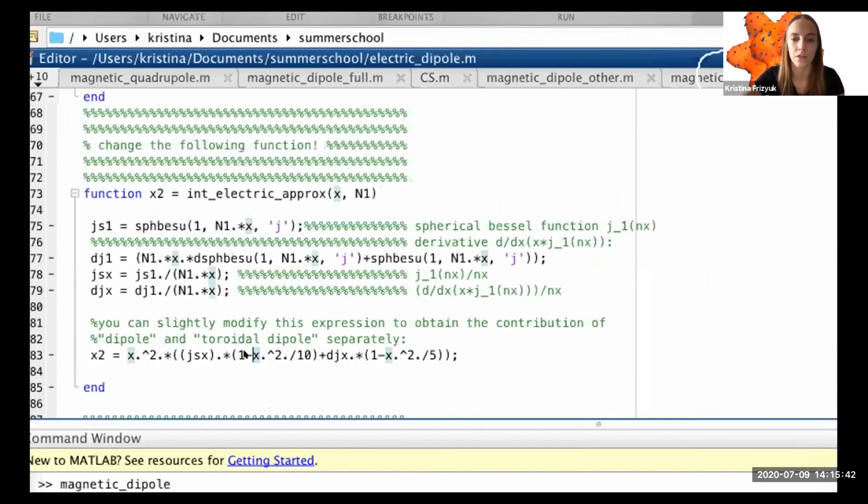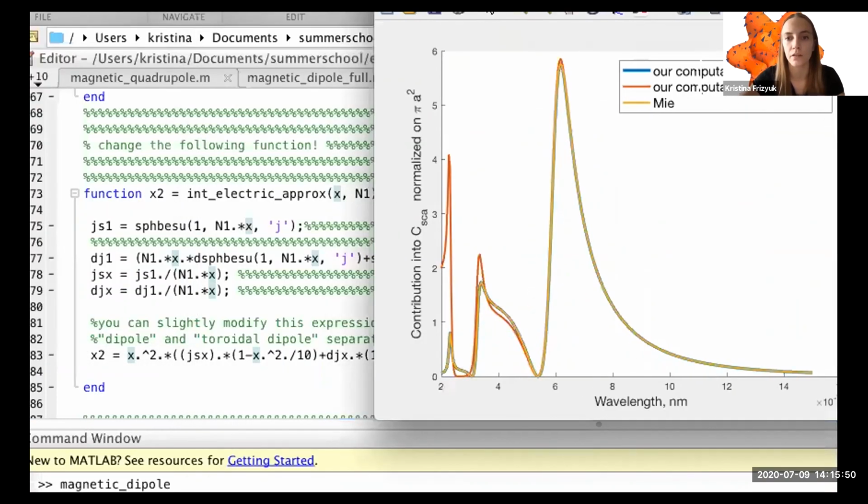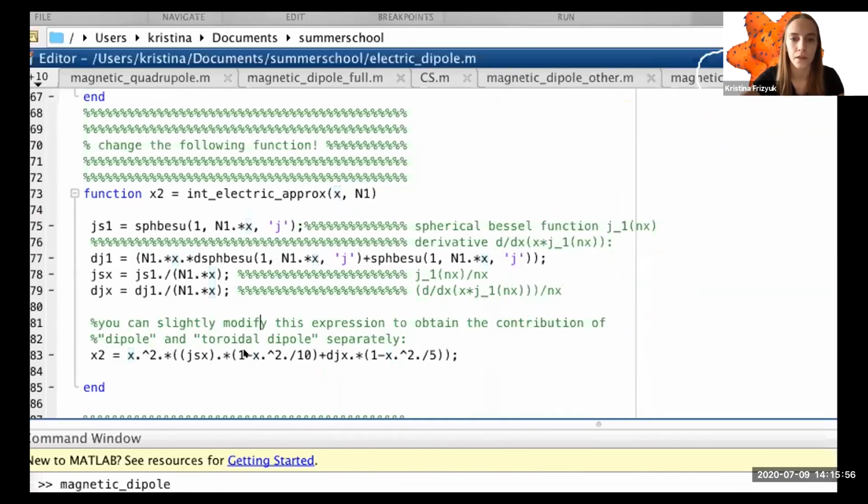So I will just compute our approximate formula. It is just like an orange line. You see it has also an anapole, so it turns to 0 here. And now I will just multiply this guy by 0 and this guy by 0.